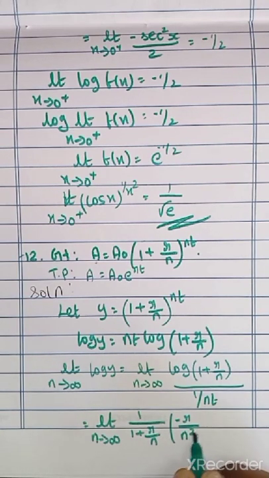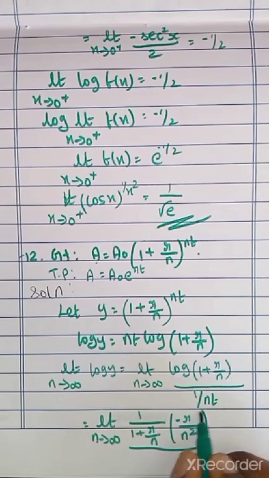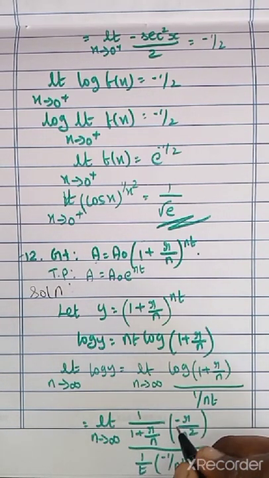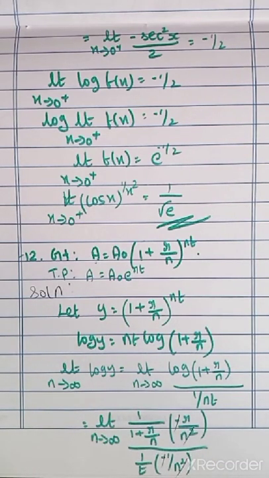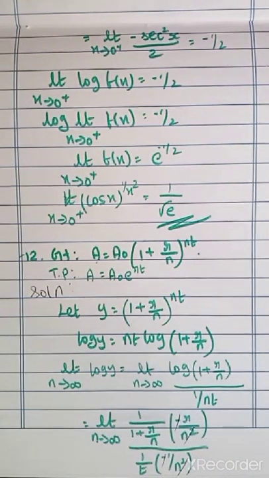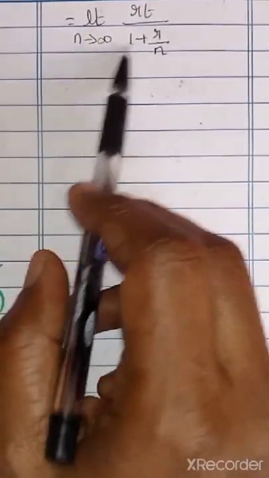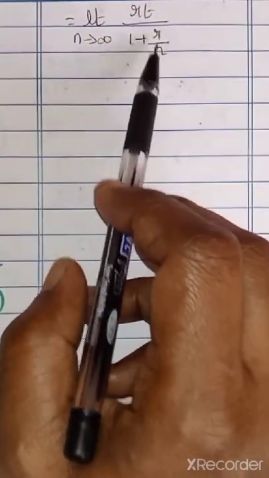So minus r by n square divided by, again 1 by t stays as it is. 1 by n differentiated gives minus 1 by n square, correct? So the minus minus will go, n square will go. So this t goes to the top. So what you will get, limit n tends to infinity rt by 1 plus r by n.